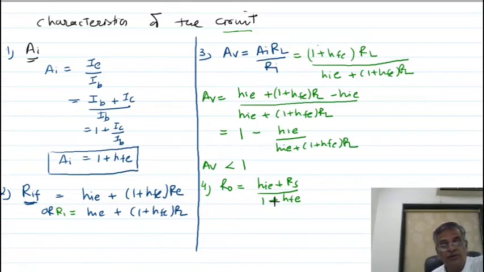What is the most important thing for this? Due to 100% negative feedback, its input resistance is very large and output resistance is very low. This circuit can be used as a buffer, or you can say an impedance matching device.